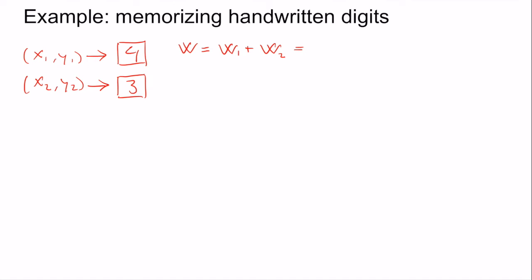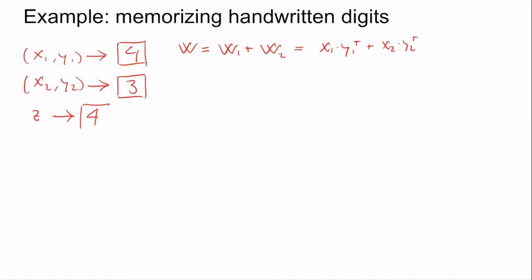So this is essentially x1 times y1 transpose plus x2 times y2 transpose. Now I memorized these two digits by using Hebbian learning. Say I get a new input z, which encodes a new handwritten digit, which is also 4, but looks a bit different from the previous 4.